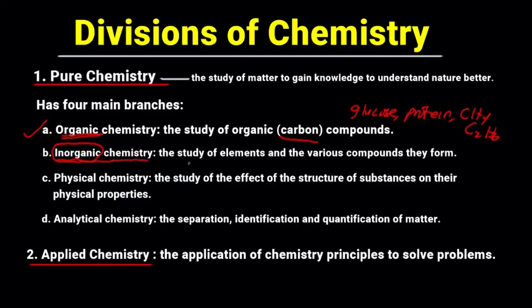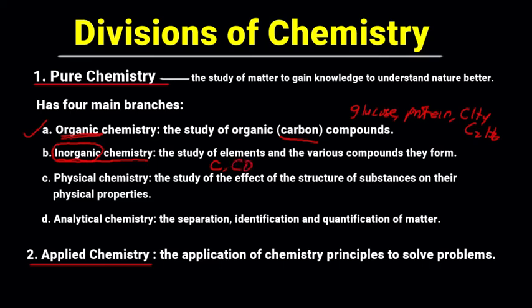Now, so inorganic chemistry talks about the study of elements and the various compounds they form. All right, so if we are interested in the various compounds formed by elements, it's inorganic chemistry. So for example, if I take a look at carbon, and then I take keen interest in the various compounds carbon can form, then I'm talking about inorganic chemistry.